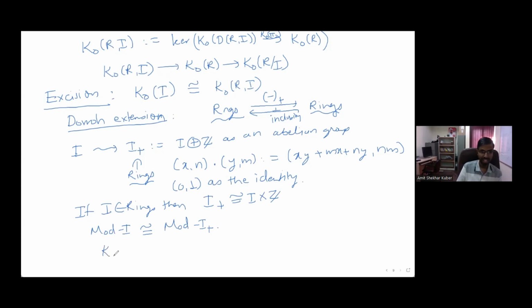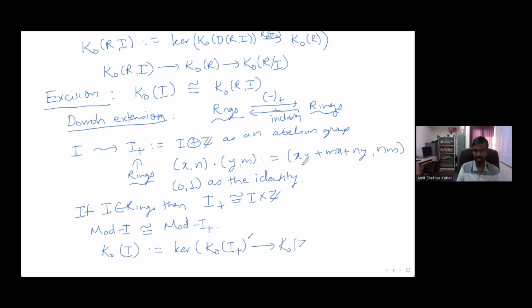And we define K0 of I to be the kernel of the map from K0 of I plus to K0 of Z.